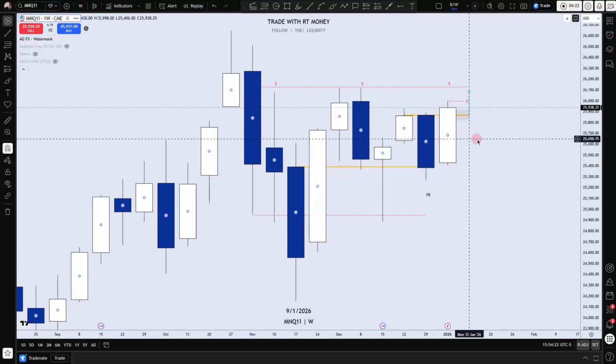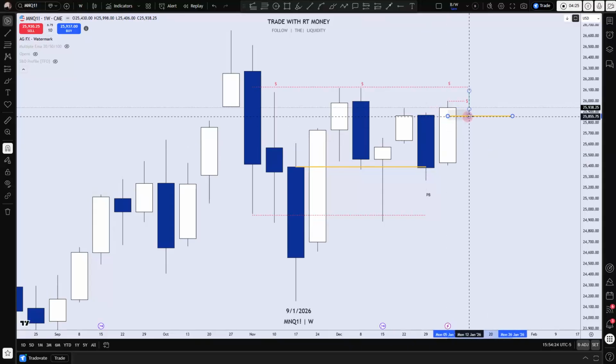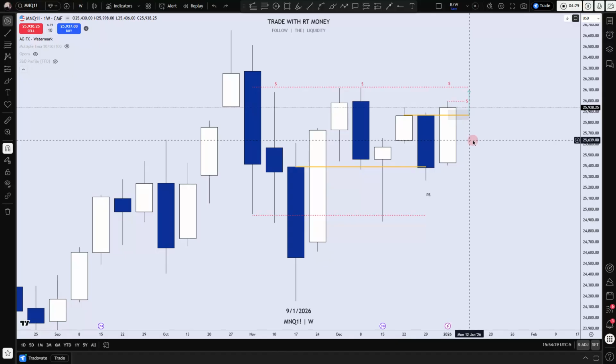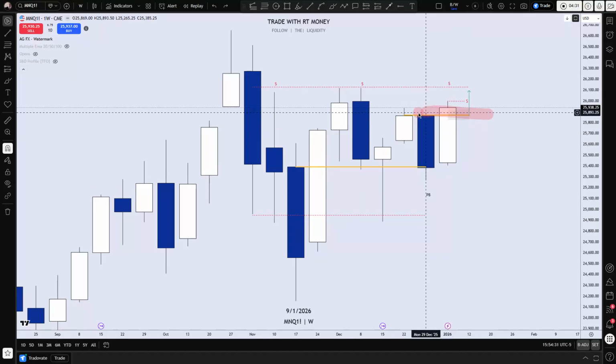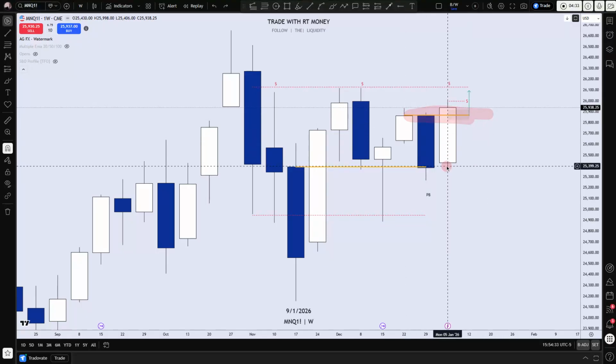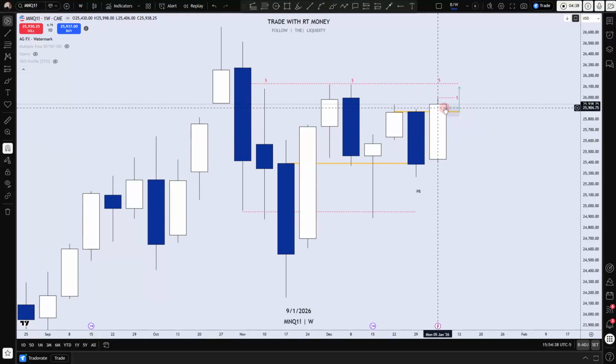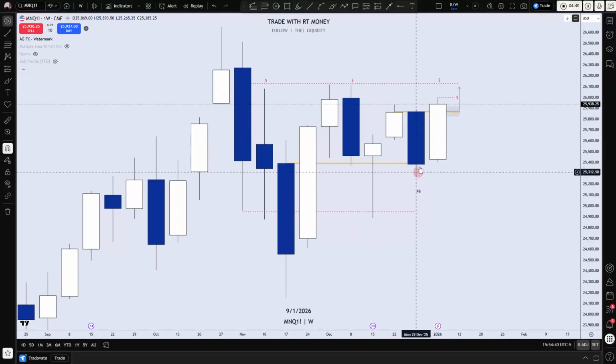You saw a bullish close right here. And we see that it closed above the high of the previous week.